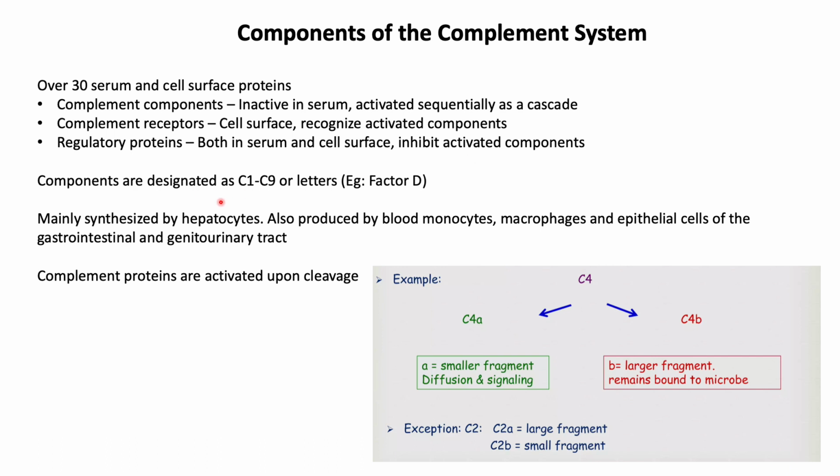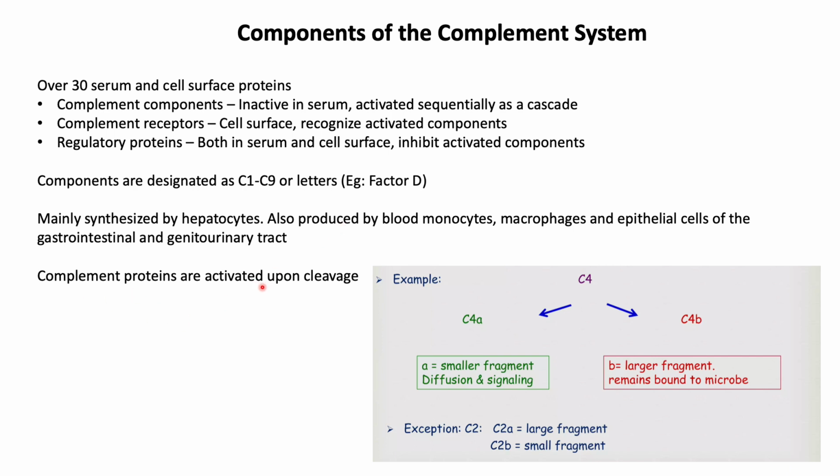The components are designated C1 to C9 or by letters, for example, factor D. They are mainly synthesized by hepatocytes, that is, the liver cells, and are also produced by blood monocytes, macrophages, and epithelial cells of the gastrointestinal or genitourinary tract.